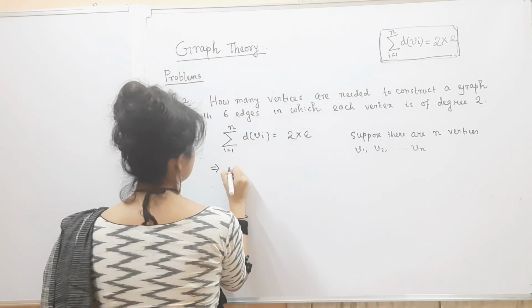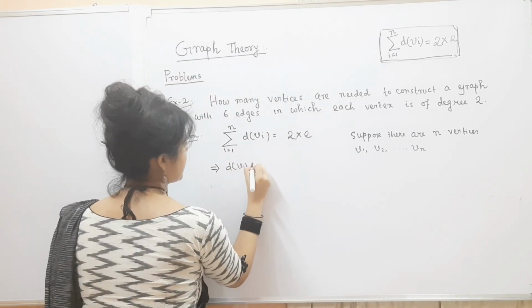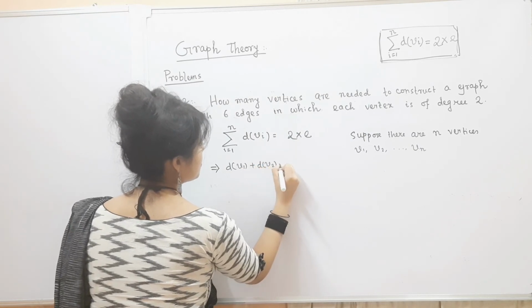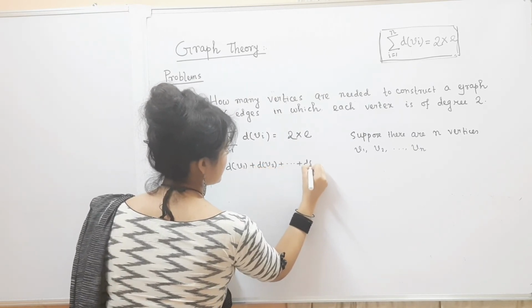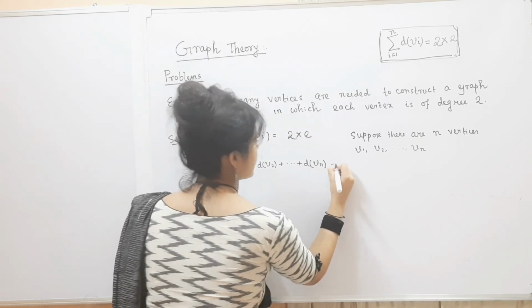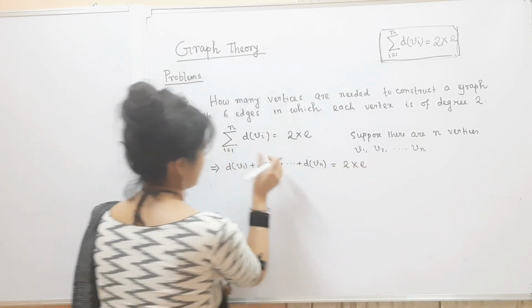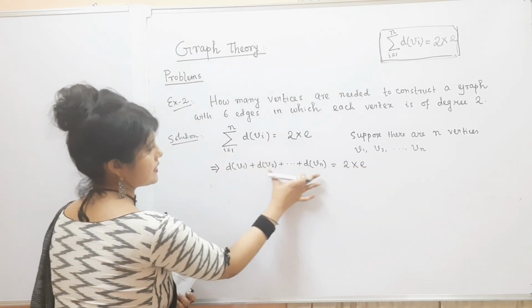So according to this you can write it as degree of V1 plus degree of V2 plus up to degree of Vn equal to 2 into E. I am just expanding this expression, okay.